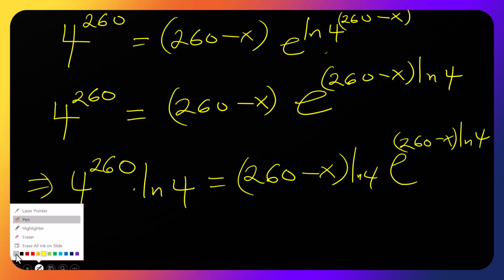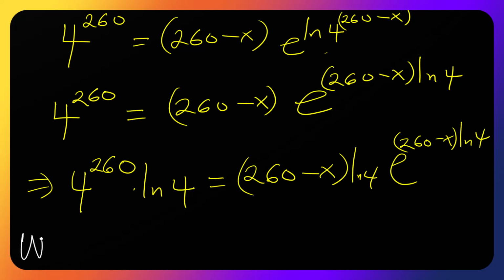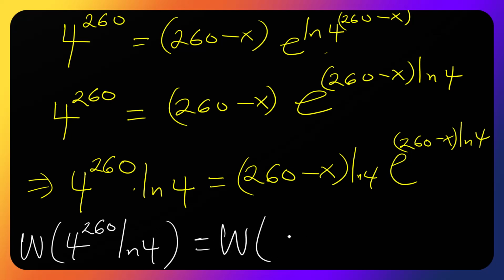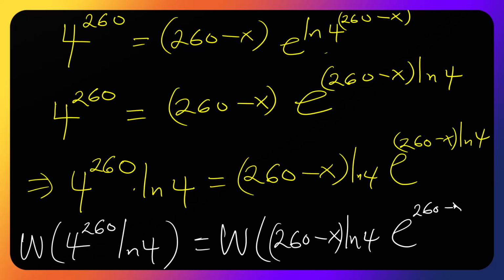So let's take the W function. We have W function of 4 to the power 260 ln of 4 equals W function of 260 minus x ln of 4, and we have e raised to 260 minus x ln of 4.